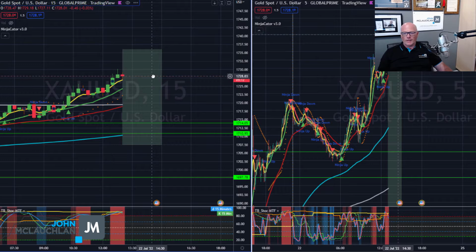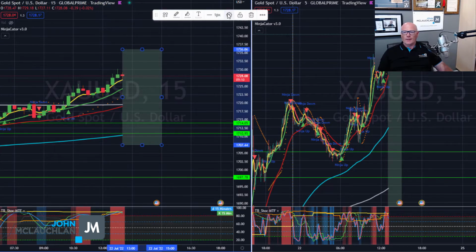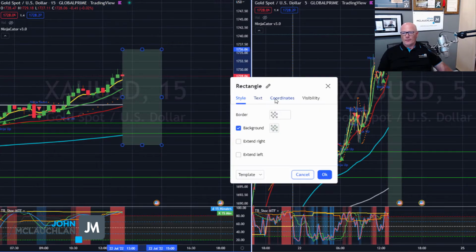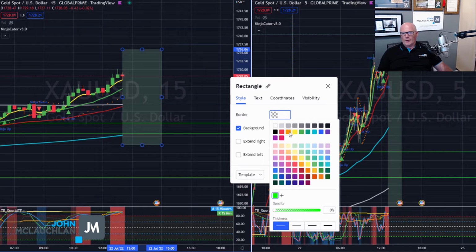Okay, so sometimes when you put these on, if you look at the style, so the background, sometimes with a border, okay, you can put a border on, and it's like that sort of colour, and increase the opacity, and then now you can't see the wick. Okay, so get rid of the opacity completely.